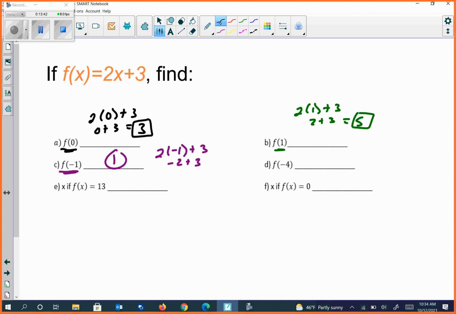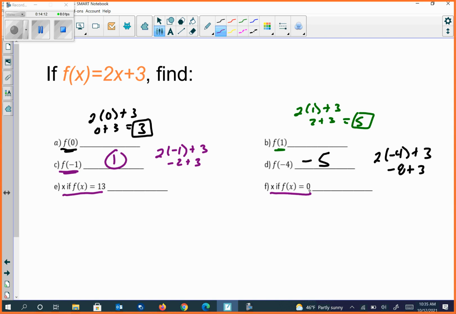f of negative 4. Plug it in. That gives me negative 5. Okay. So, does letter E look a little bit different and letter F look a little bit different than what we just did? So I'm not going to plug it in.